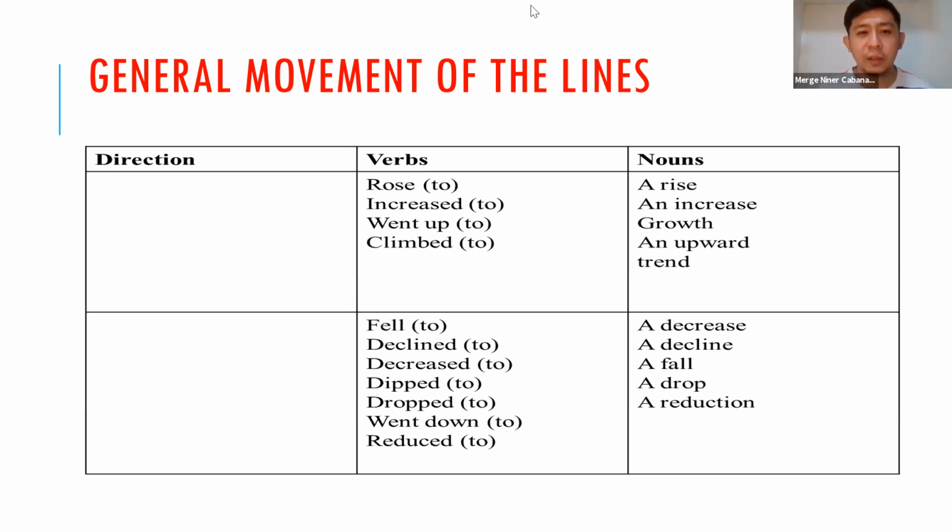You have to determine the general movement of the lines. If the direction of the line goes up, then the words that you can use as your verb are here. So you have rose to, increased to, went up to, climbed to.